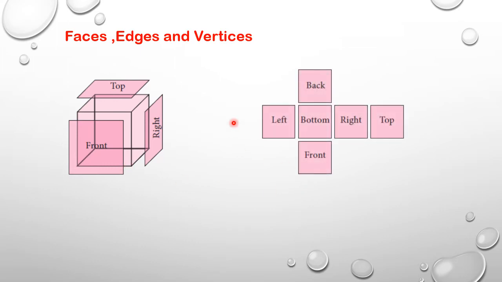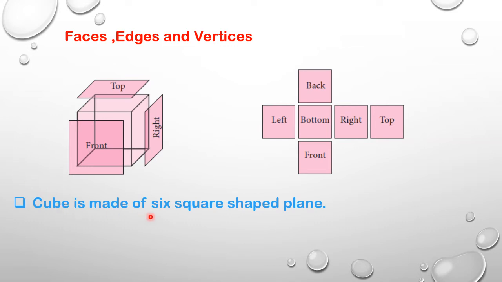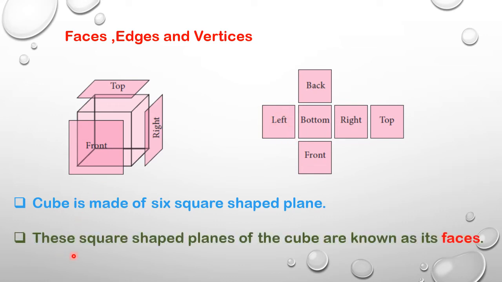So this is how we got these, and these are called faces. A cube is made of 6 square shaped planes, and these square shaped planes of the cube are known as its faces.